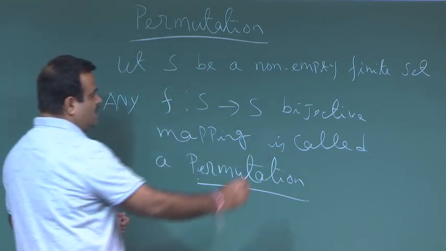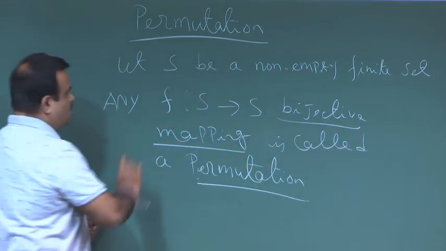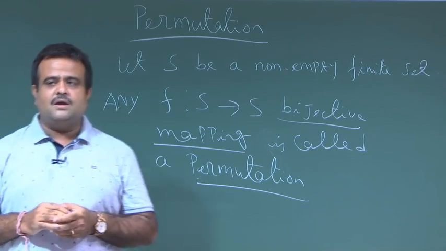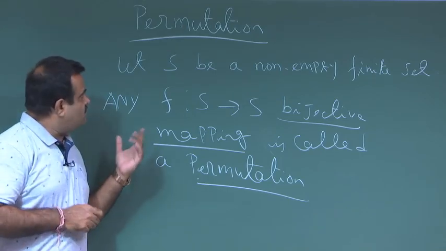It is basically a bijective mapping from the set to itself. So any such mapping, any such function, is called a permutation. This is the definition of permutation.